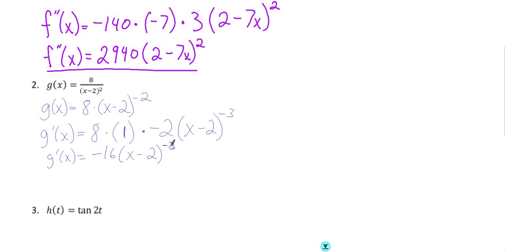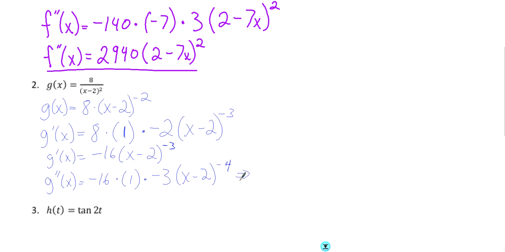Now, if I was only taking the first derivative, I'd probably move this back down to the bottom. But since I'm about to take the second derivative, I'm going to leave it right there. And again, negative 16 times the derivative of the inside, which is 1, times the derivative of the outside, which is negative 3, x minus 2 to the negative 4 power.